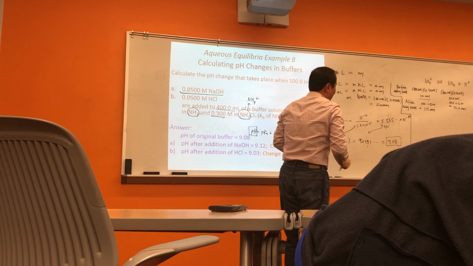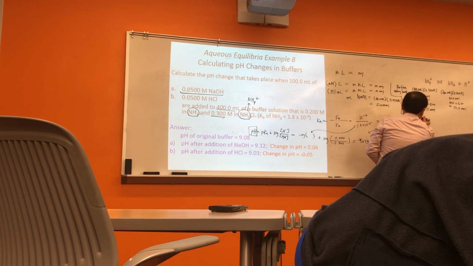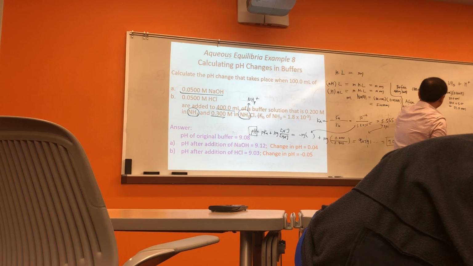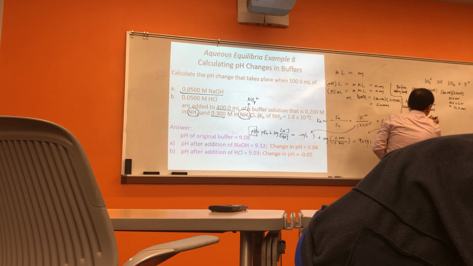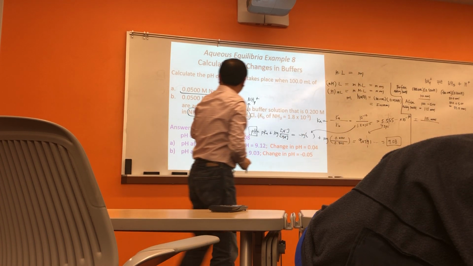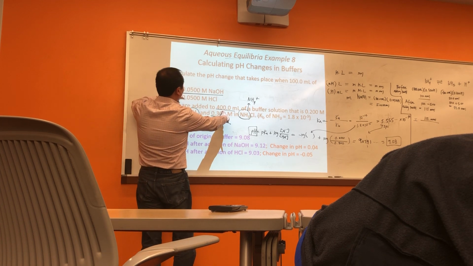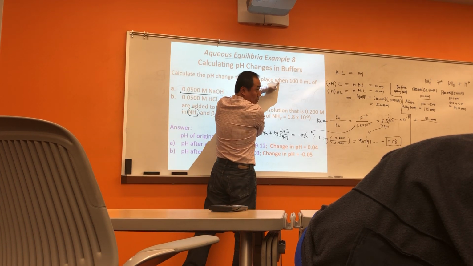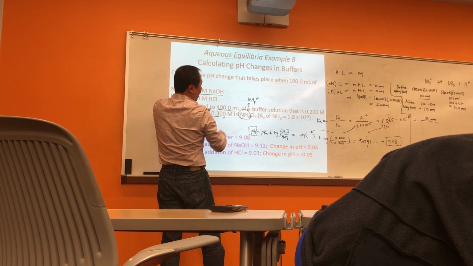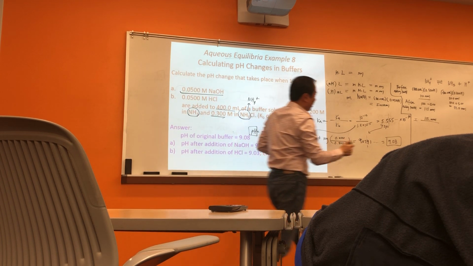Concentration is mole divided by volume. So now we start the ICE box. Concentration of this guy is 115 millimole divided by volume. The volume was 400 milliliter, but you add 100 milliliter. So total volume is now 500 milliliter.